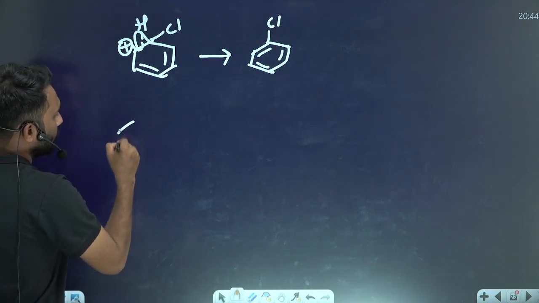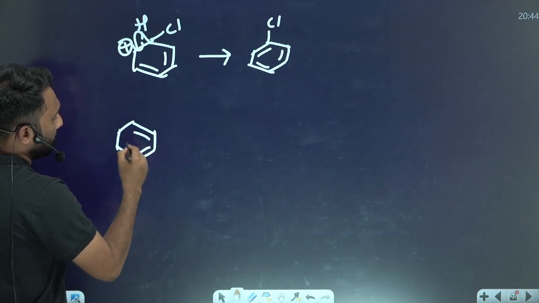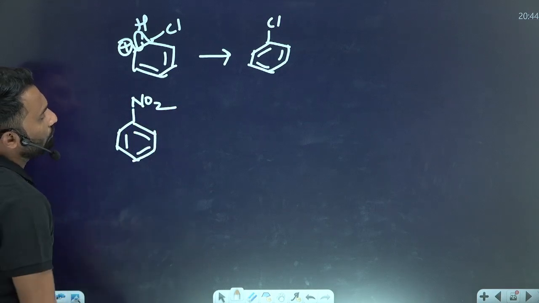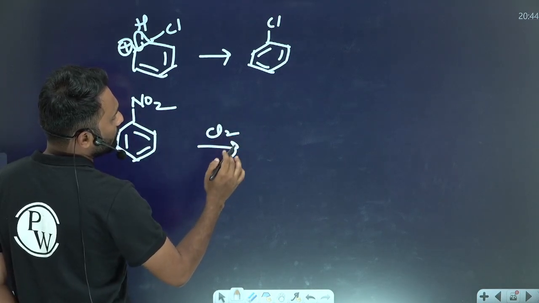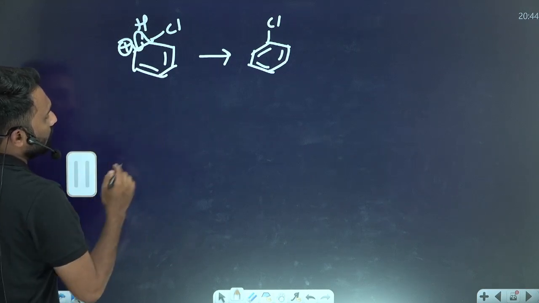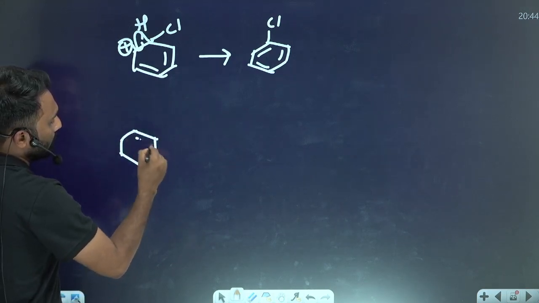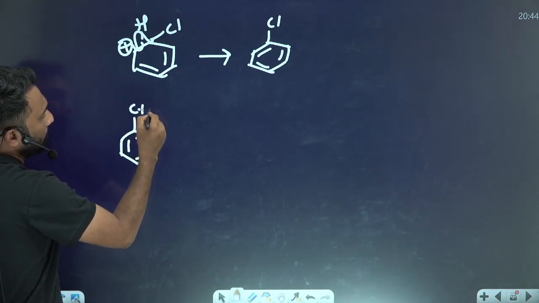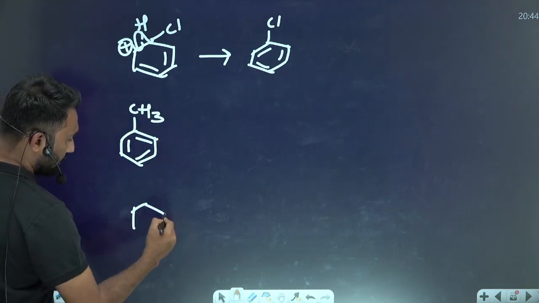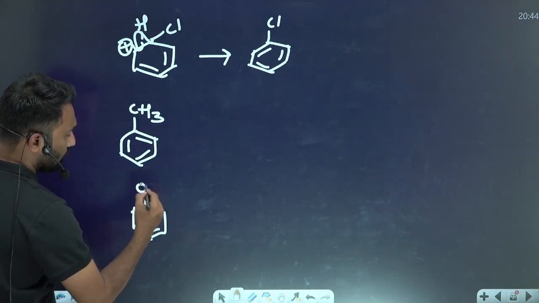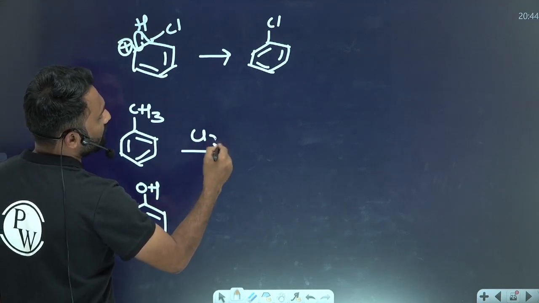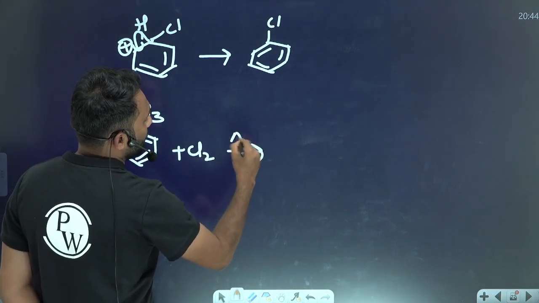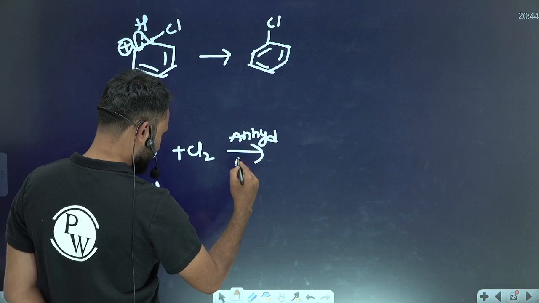Now we'll note a question. Here NO2 is given, Cl2, or else CH3 and OH. Now take Cl2 in the presence of anhydrous AlCl3.